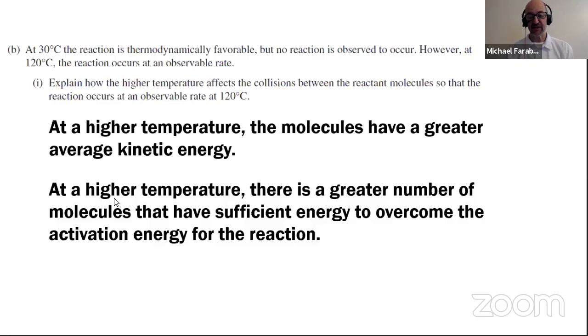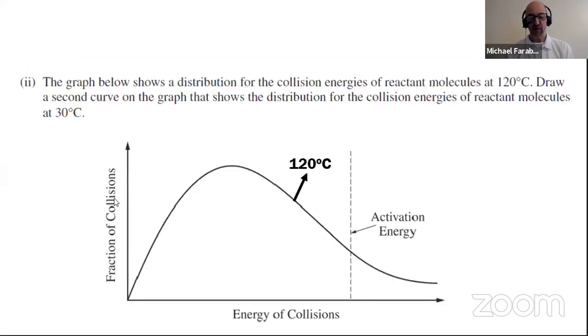Now, they've already given you a graph for 120 degrees, and our job is to draw one at 30 degrees. Now, many students who got this question wrong on the AP chemistry exam did this. They just assumed that it would be lower, completely drawing a new curve that was underneath the first one.